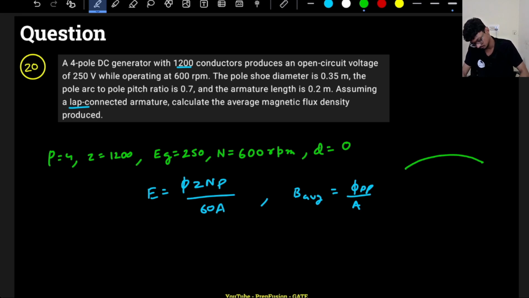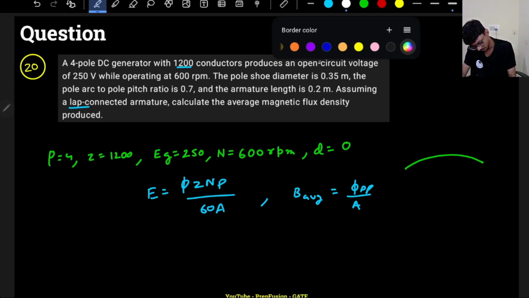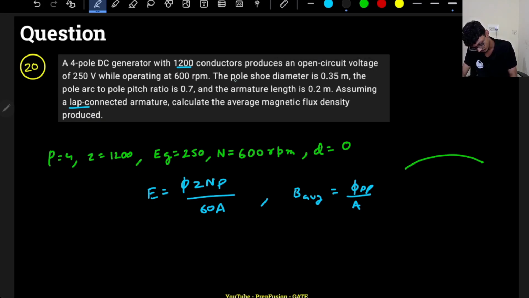Yeah, here, this should have been the armature diameter.